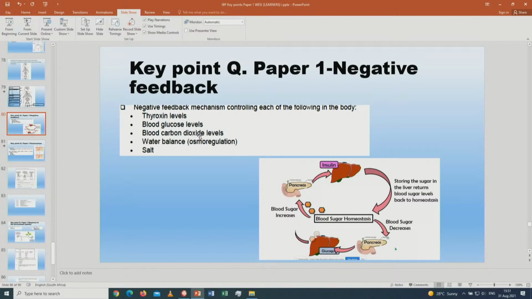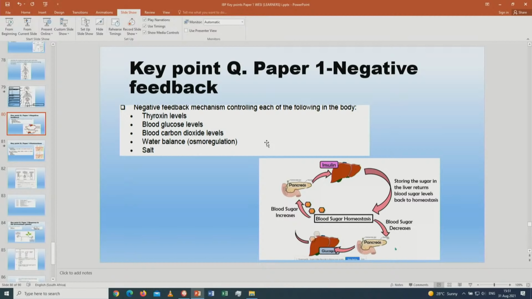Revise, drill. And then again, we have this one of salt. So please remember that negative feedback mechanisms, we have the first one, which is between progesterone and FSH, and you remember that I have said that you have to know that one for both the trial examination and the final examination.